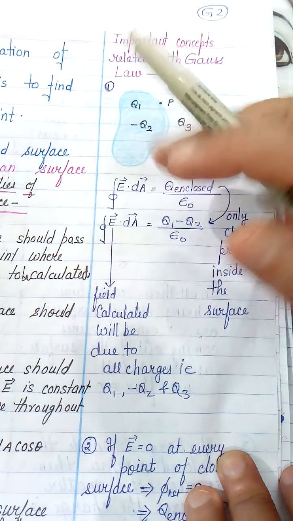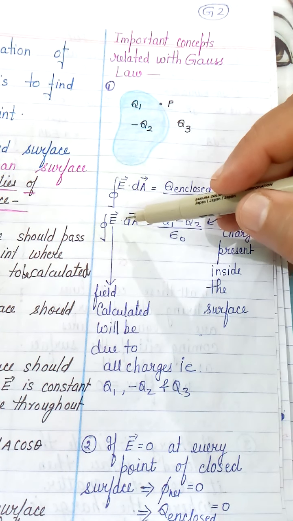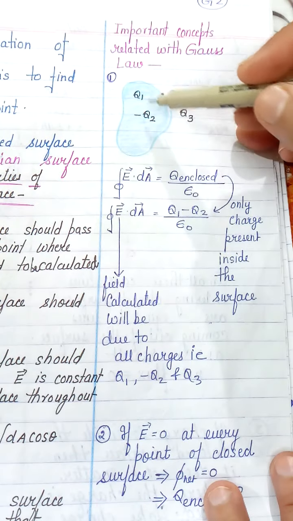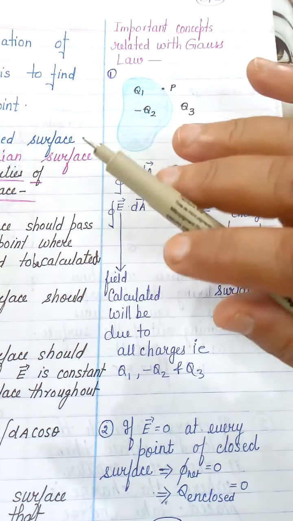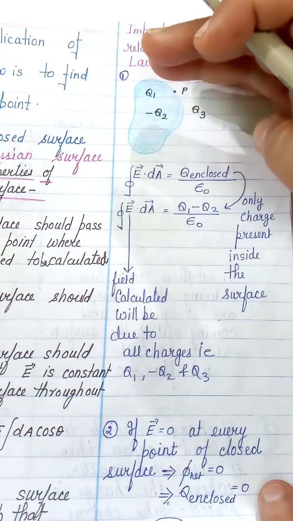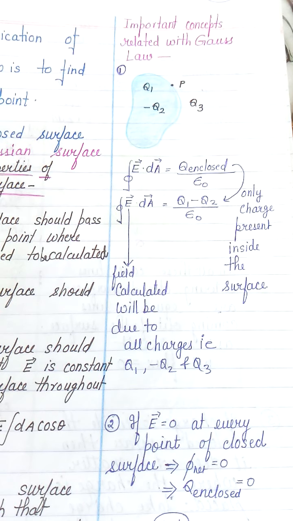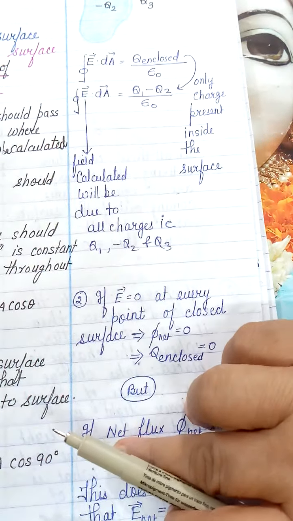But that will not affect the result. The electric field will be the resultant electric field because of all the three charges, although the substitution of the charges here is only those two charges which are inside the surface. So this is the first concept which you should be clear about.